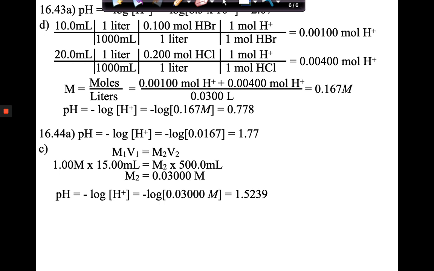And so the additive volume is 30 milliliters, which is 0.03 liters. You do that and we have a 0.167 molar solution, and then you just figure out the pH. So guys, there's a lot of interesting stuff here to think about. Again, strong acids completely give away protons, and volumes are additive, if nothing else.